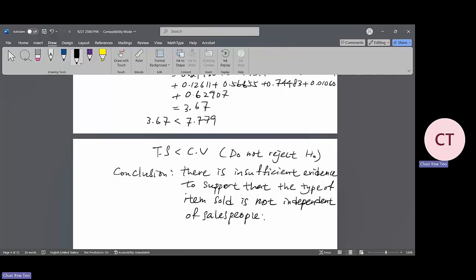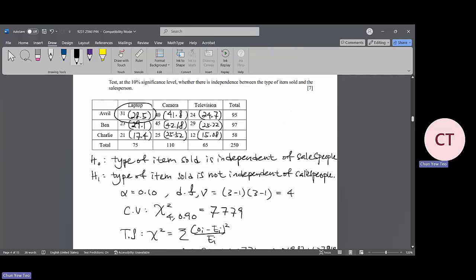And that will be the answer for question number 3, just like that.